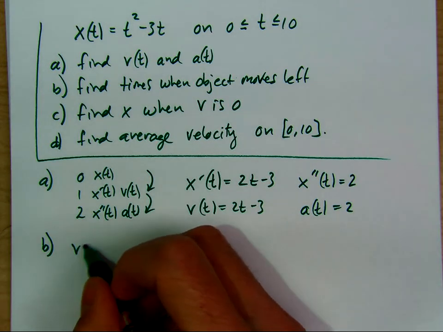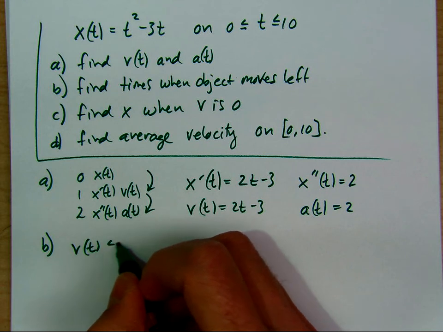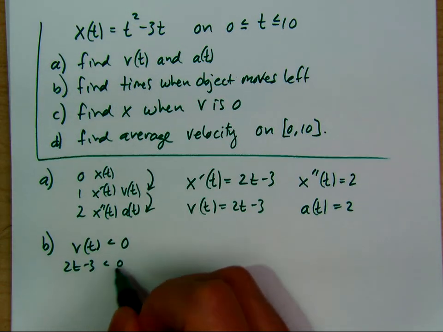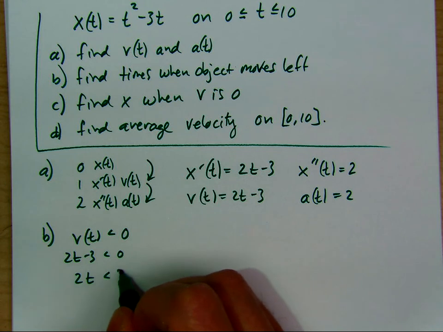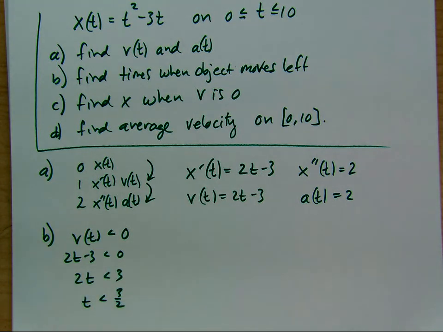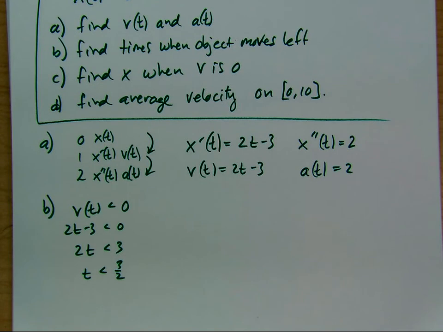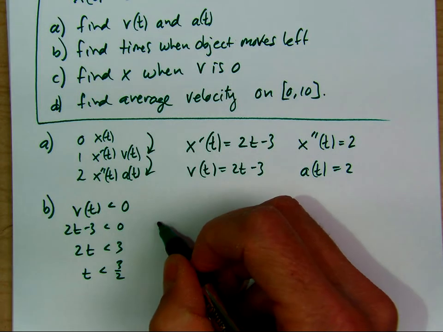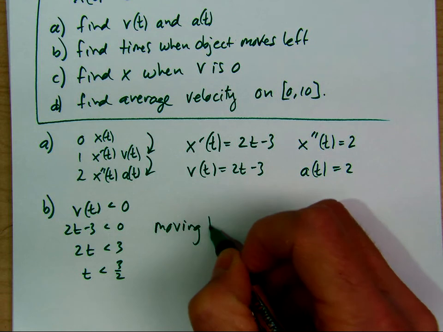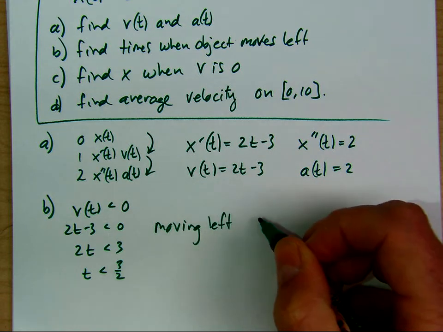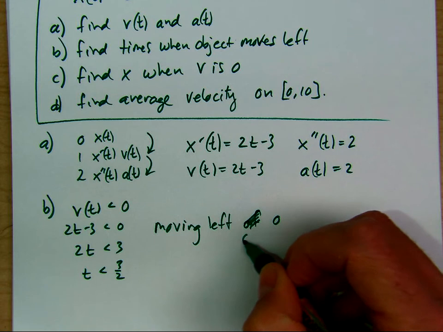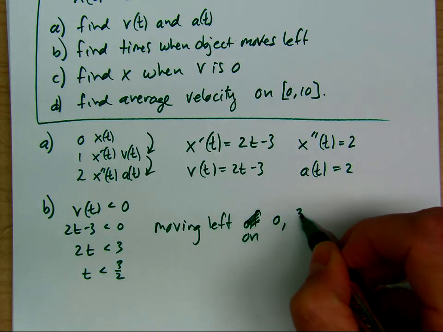So we want velocity less than 0, 2t minus 3 less than 0, t is less than 3 over 2. So moving left on 0 to 3/2.